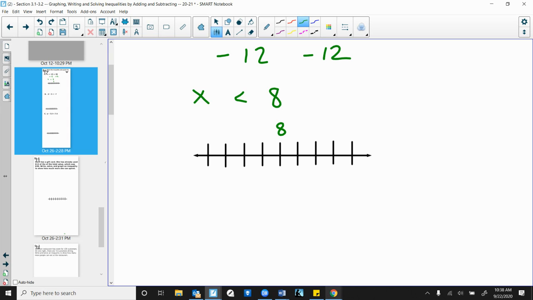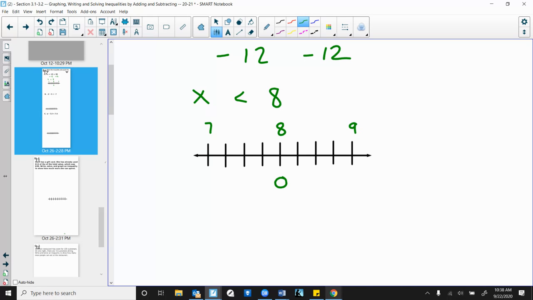Over here, this is less than, so I'm putting a 7. Over here, I'm putting a 9. Done. That's as basic of a graph as you can make, and it still looks pretty. And then it's less than, so it's an open dot.